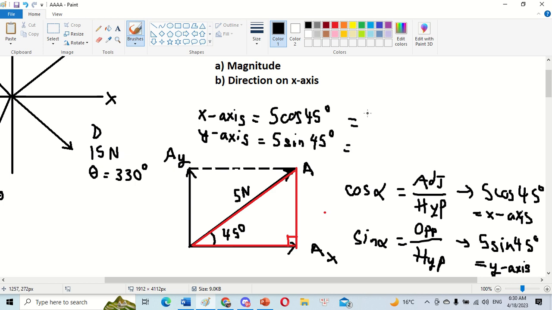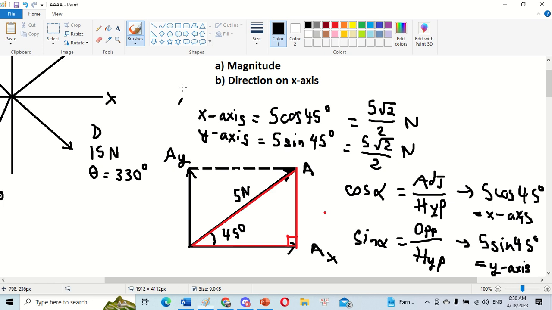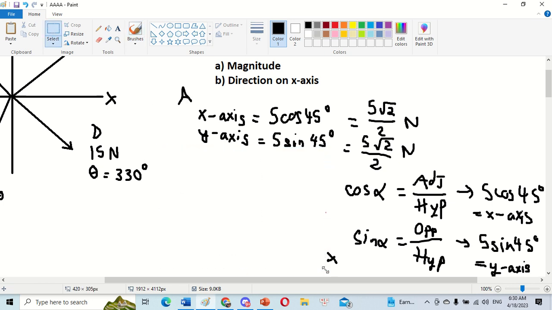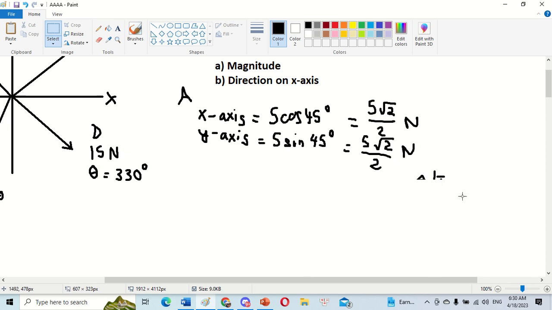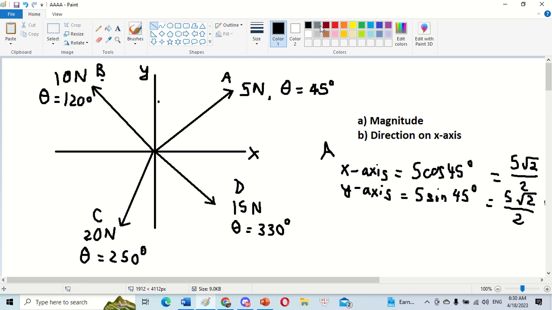So we calculate this one and we get 5 times the square root of 2 over 2 newtons. After we have this, we can highlight the color here. I select the red color to highlight vector AY and vector AX.